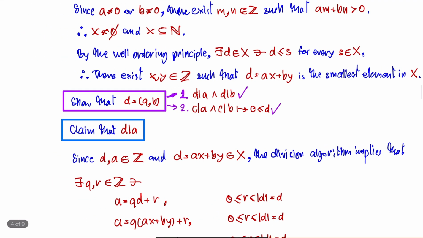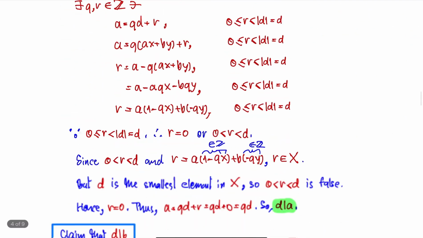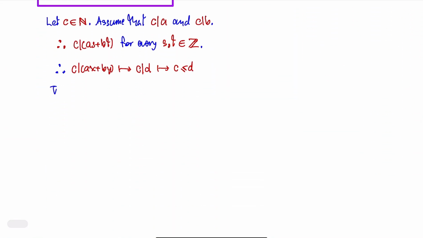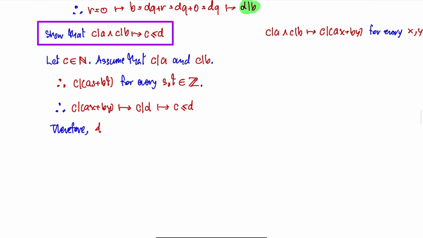So we have shown that d is a common divisor of a and b. All right. Therefore, d is the greatest common divisor of a and b, and d is a x plus b y.